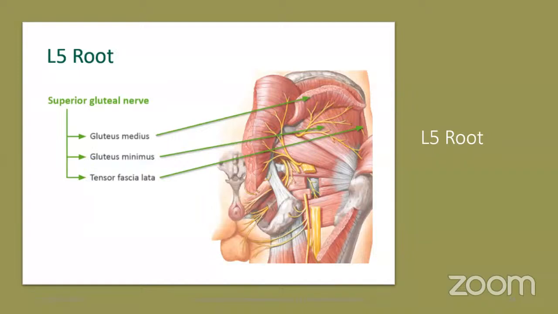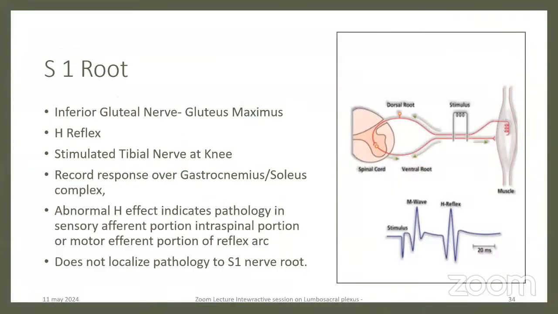Let's look at the L5 root, which is very important to master. The superior gluteal nerve supplies gluteus medius, and gluteus medius does abduction of the thigh, and also tensor fasciae latae and gluteus minimus. The S1 root is the inferior gluteal nerve, that is gluteus maximus, and it also mediates the H reflex, which you can see down below here.